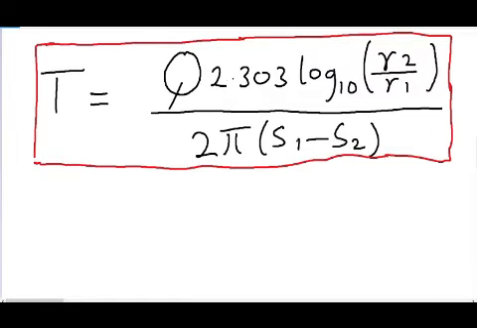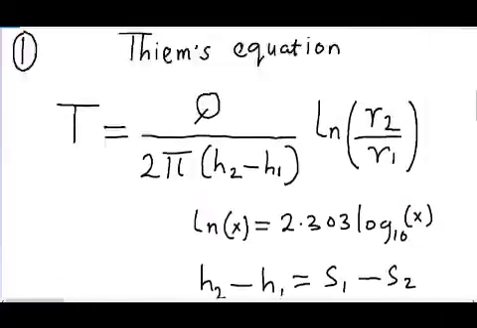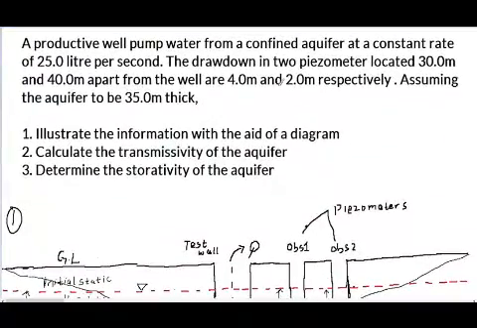Now let's go back to the question. In the question, we are given Q, which is the discharge, as 25.0 liters per second. We are also given the radius of influence, which is R, as 30.0 meters for R1 and 40.0 meters for R2.